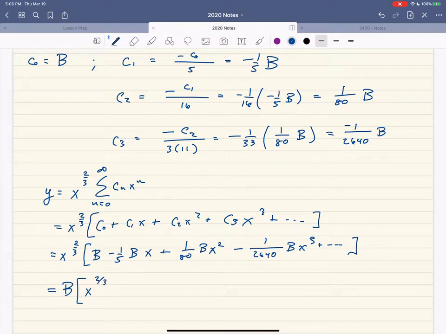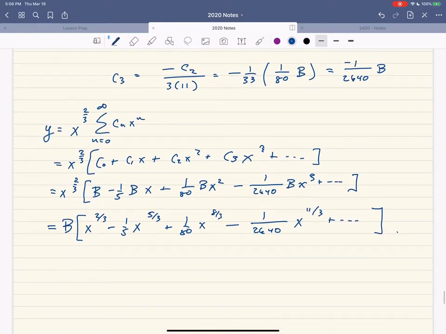So we're going to get x to the 2/3 minus 1/5 x to the 5/3 plus 1/80 x to the, 2 plus 2/3 is 8/3, minus 1/2640 x to the, that's 9/3 plus 2/3, so 11/3. Okay, and so on. And there's our series solution.